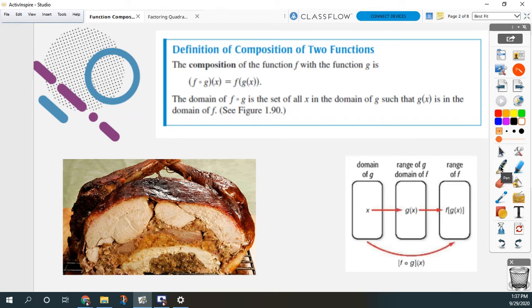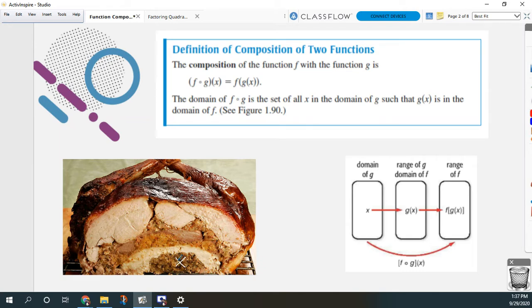However, I like to use this example because our duck on the inside is like our x values, our chicken is like our g of x values, and then our turkey is like our f of x values. Basically, we're taking our x values, sticking them into our g, and then we're taking those g of x values and sticking them into our f of x.